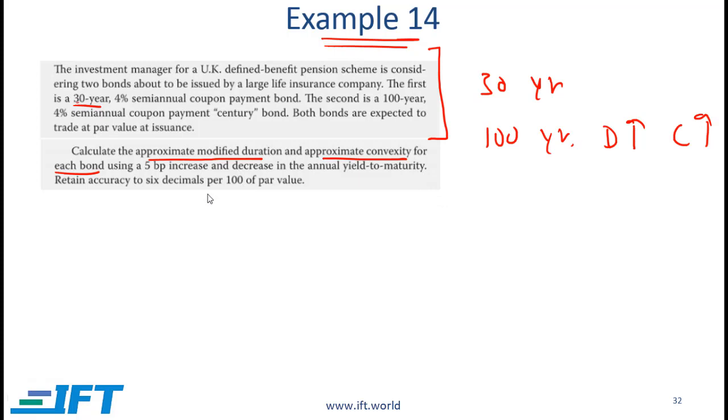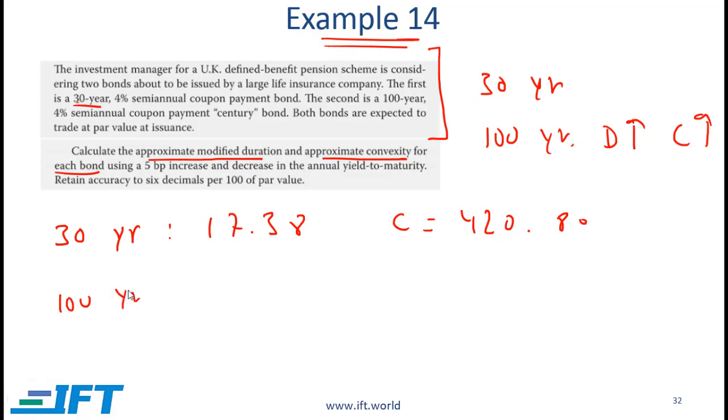When you do the calculations, what you should get is the following. For the 30-year bond, the approximate modified duration is 17.38 and the convexity is equal to 420.80. For the 100-year bond, what you should get is a duration of 24.5 and a convexity of 1132.88.